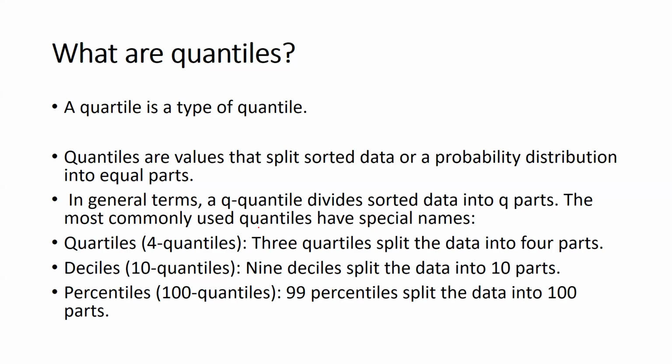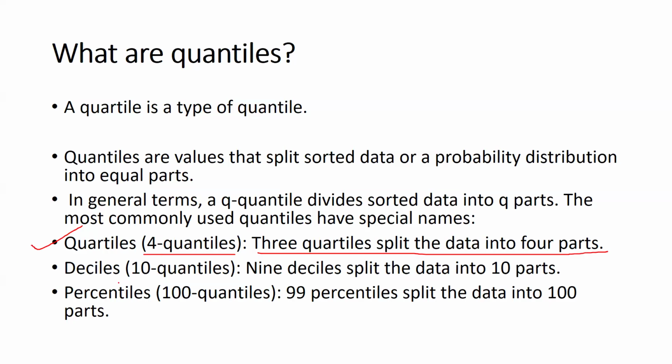The most commonly used quantiles have special names. Most of the time you have seen quartiles, which are the 4 quantiles. That means 3 quartiles split the data into 4 parts. Obviously, because first 25%, 50%, 75%, and the rest of the 25%.